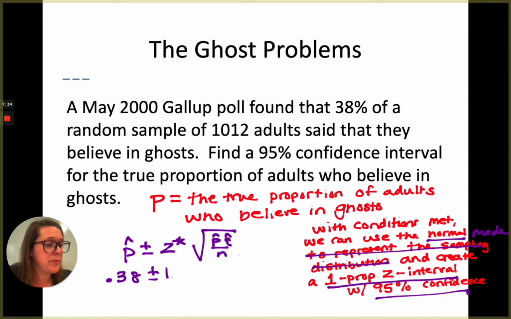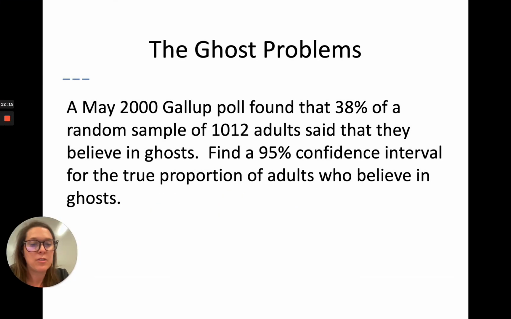We're doing 95, so that's 0.196 times 0.38 times 0.62 all over 10,012. Okay, so now, at this point in time, I would stop. I mean, I could technically do all that math out, but why do all that math when my calculator can do it for me? I'm going to show you how your calculator will do it for you.